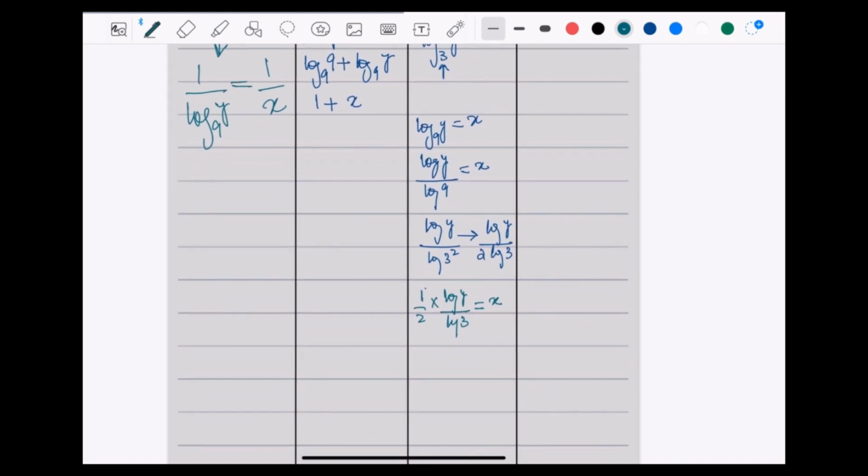And you can say that 1 over 2 log 3 of y, replacing this back to its law, which was log a of b can be written as log of b over log of a. It could be either way. It is equal to x, and log 3 of y is equal to 2x.